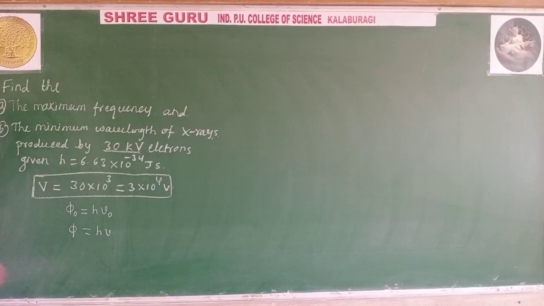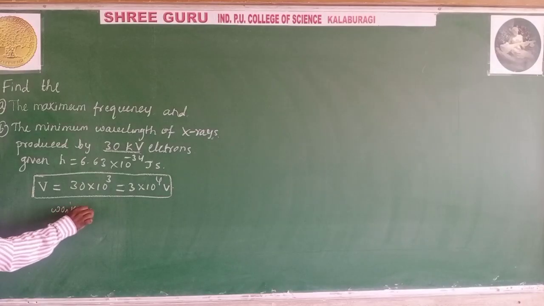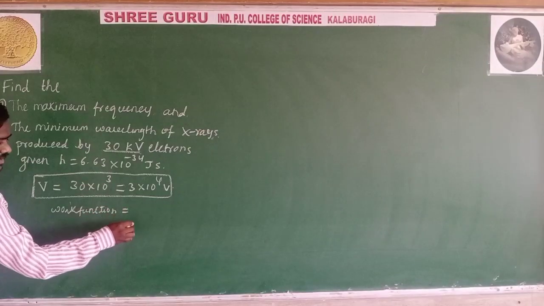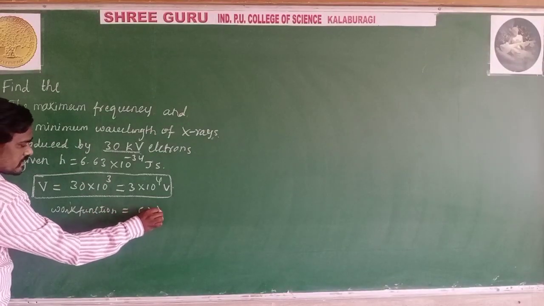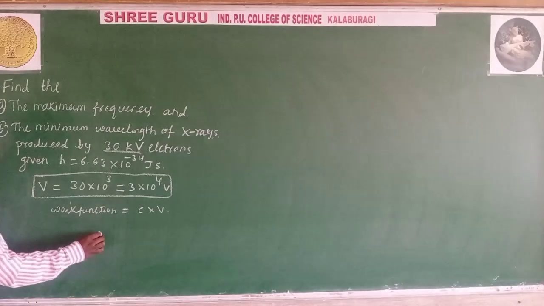What is the definition of work function? Work function is equal to charge into potential difference V. This work function we can write as phi naught.